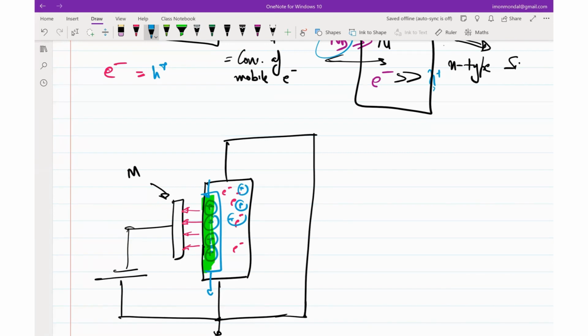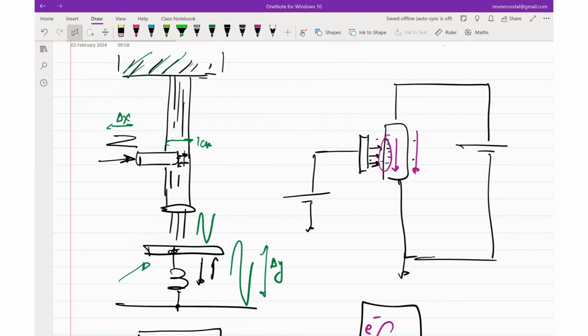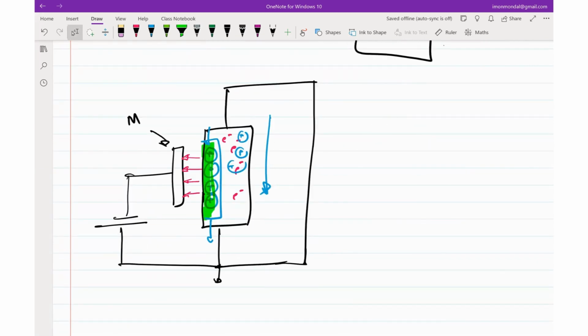If I then apply an electric field that goes from top to bottom, there can be some flow of charges, just like we had in the case of water. So that's essentially the overall principle, or rather the overall thought process. Okay, so let's see how we can go about doing this.